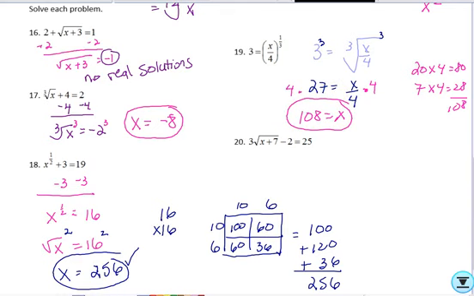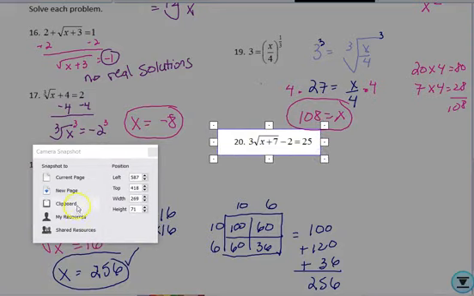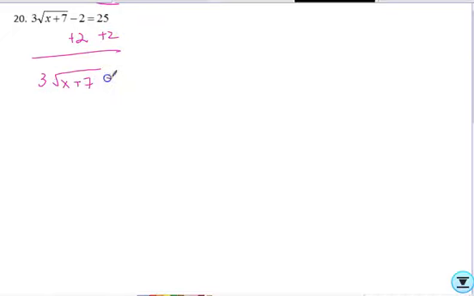All right, 20, you get your own page. All right, and for 20, here we go. Add 2. Divide by 3.